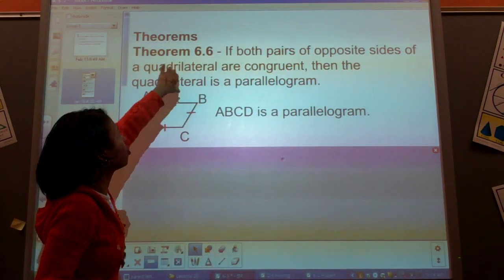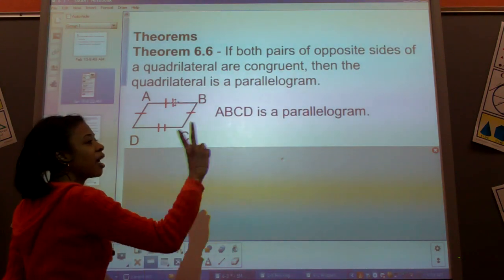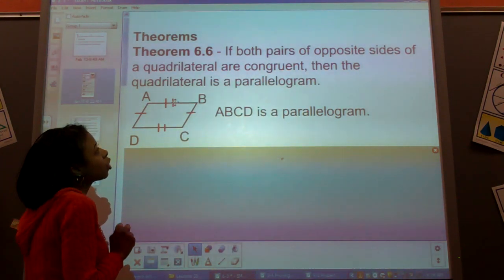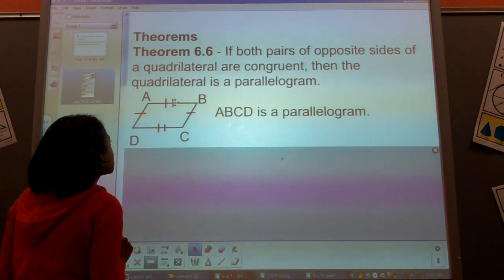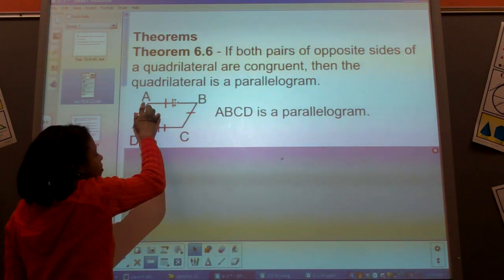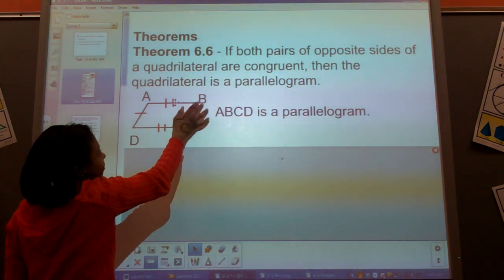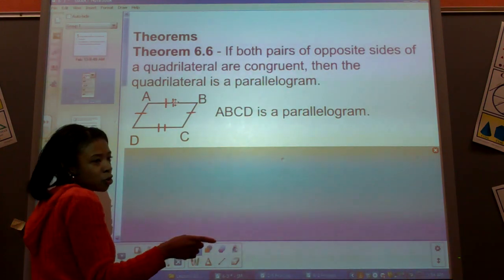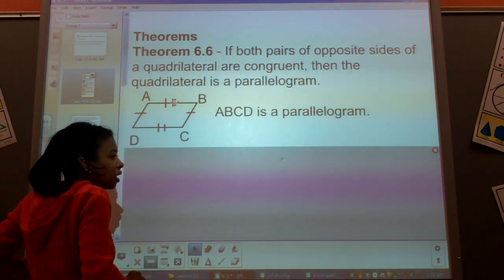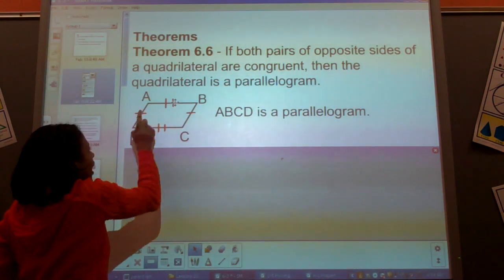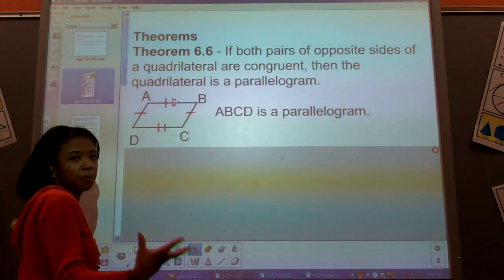I'll say that again. What Theorem 6.6 is saying is that I have to have two pairs of congruent opposite sides. Here's the first pair: AB and CD are congruent in length. And here's the second pair, AD and BC. Remember, in a pair you have two.